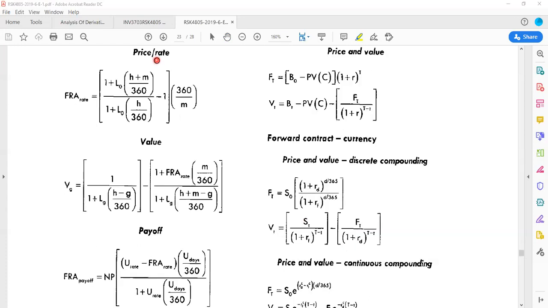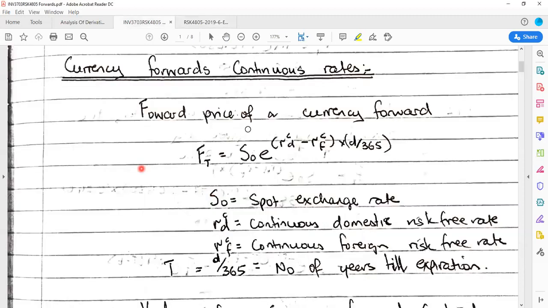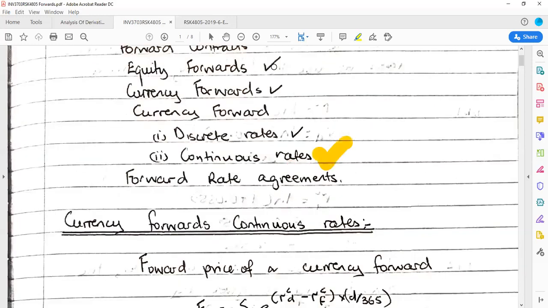Okay. So I want us to look at an example on determining the forward price and value of a currency forward contract where you have continuous rates. And once we are done with that, it will mean that we've gone through equity forwards, discrete and continuous, and currency forwards, discrete and continuous. And if you remember, we also looked at bond forwards.